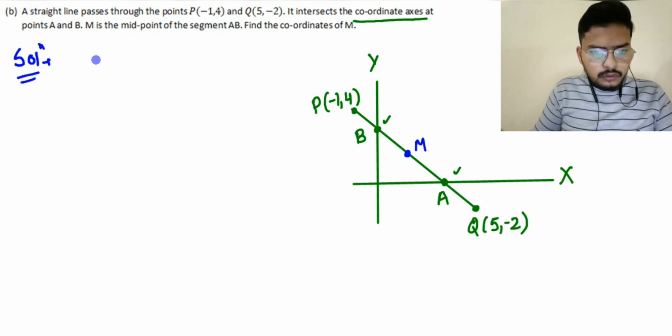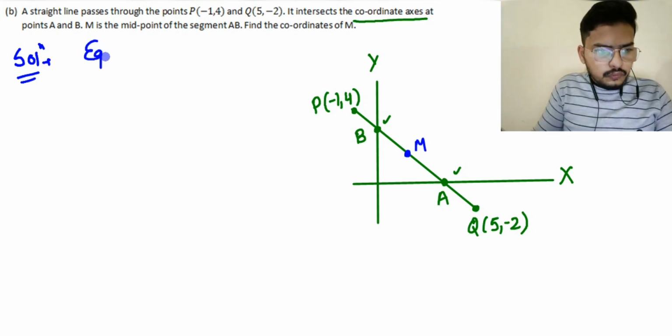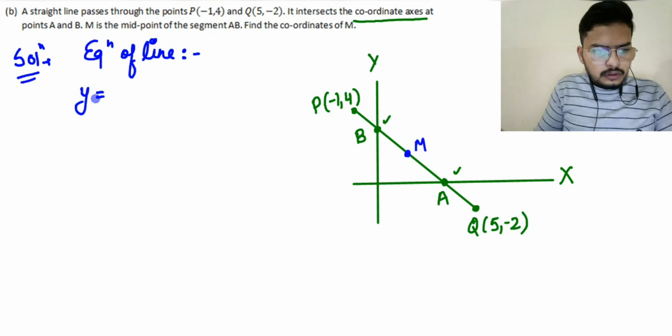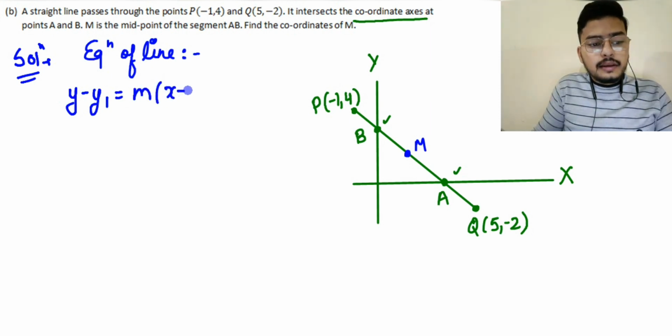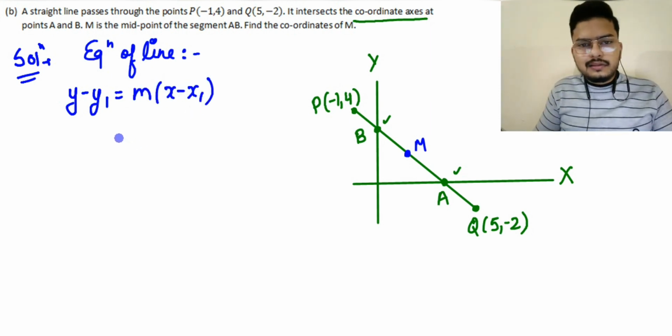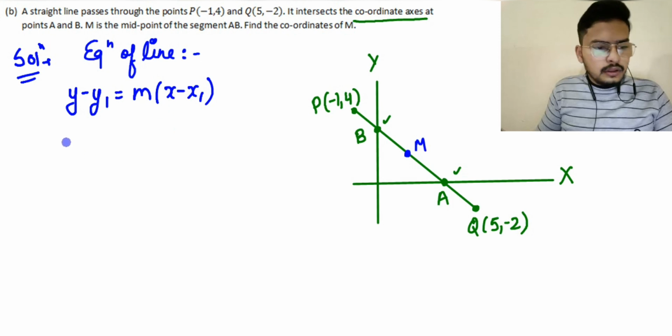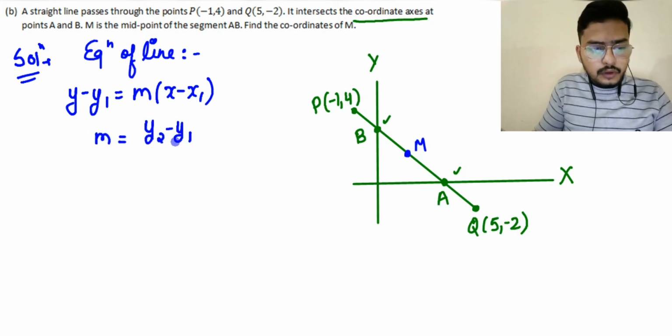Look, first of all, this is the line PQ. What can be the equation of the line? The famous, evergreen equation of the line is y minus y1 equals m times x minus x1. First we have to find m. The formula for m is y2 minus y1 upon x2 minus x1.